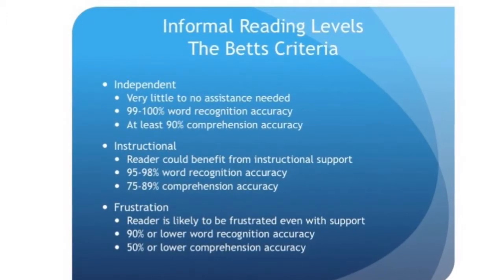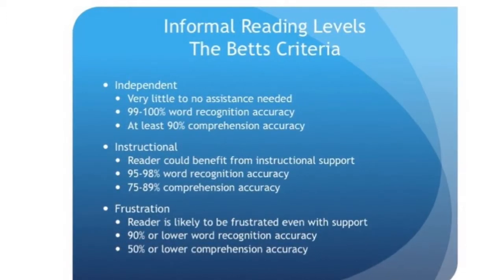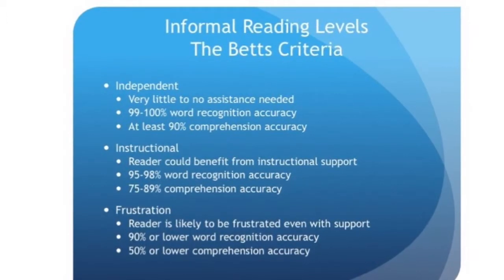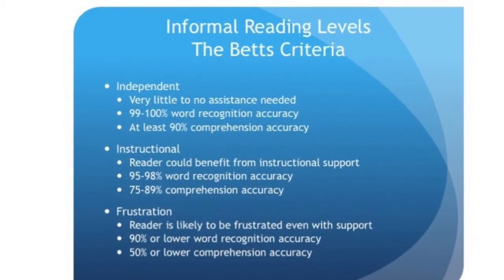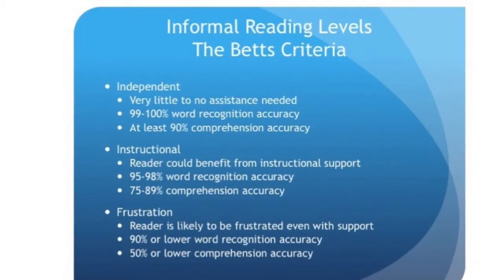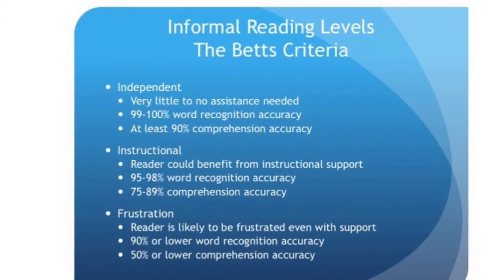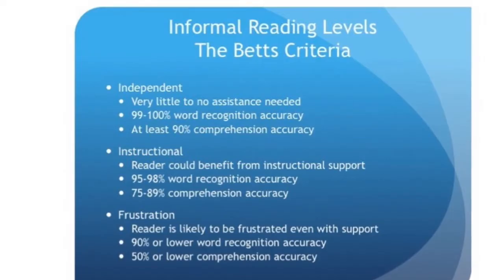This scale determines that if a student is 99 to 100% accurate in word recognition, they are on the independent reading level. 95 to 98% would register them within the instructional level. And 90% or lower would recognize that as a frustrating level for the student.